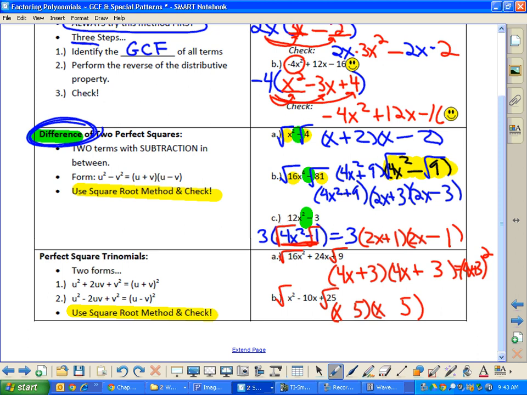That would make my outer and inner go away if I FOIL it, huh? Lily? 2 negatives. Yeah, so x times x is x squared. We always check with FOIL. x times x is x squared, minus 5x minus 5x. Do you see that, Byron? Negative 10x, and then negative 5 and negative 5. The product of those gives me positive 25.